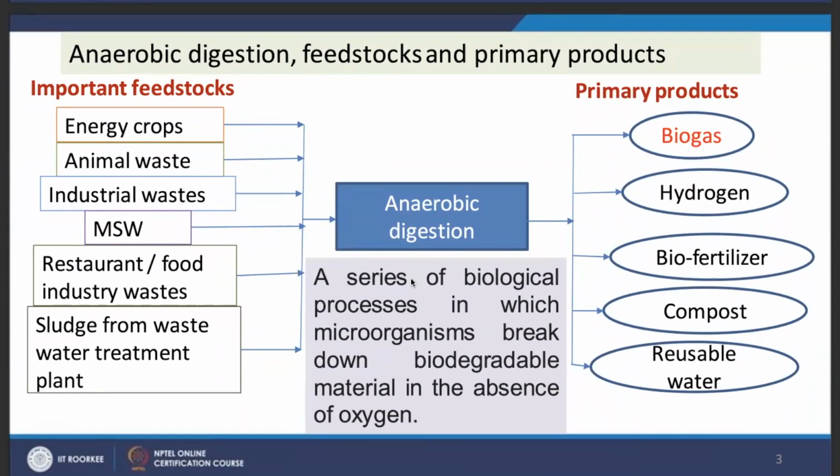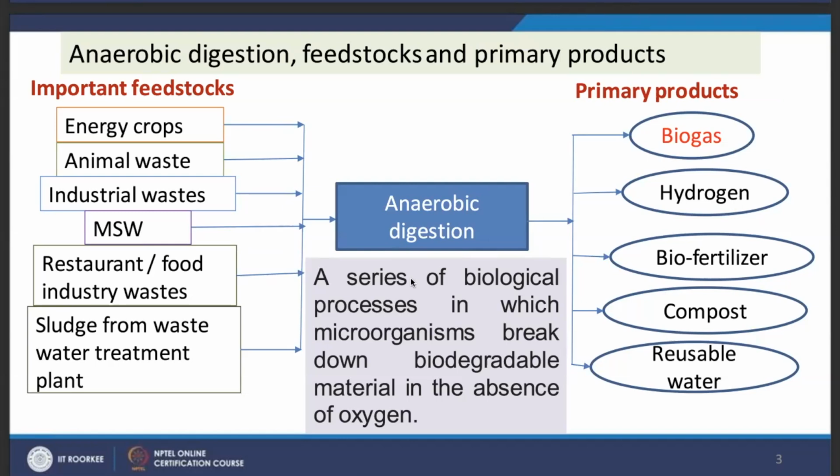So here we are using naturally occurring microbes which have the capacity to degrade some of the material to produce energy, right? So we do not need to input any external heat source, or these operations are not performed at very high temperature. So we do not need to worry about external energy supply in such kind of operations.